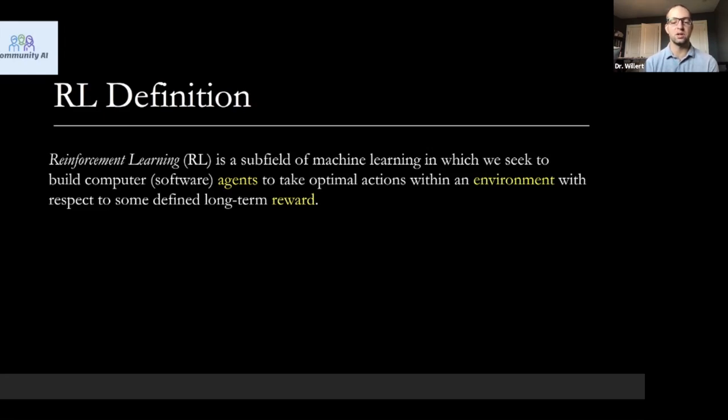Agents are things that make decisions or choose actions. An environment is, you could think of it as, the task and all of the logic associated with that task that the agent wants to complete optimally. And the agent decides what's optimal based on a system of penalties and rewards.